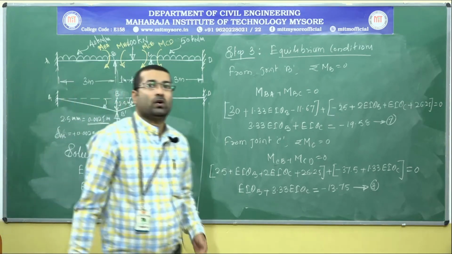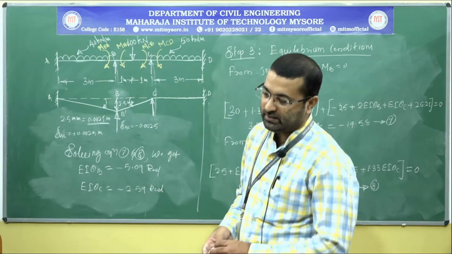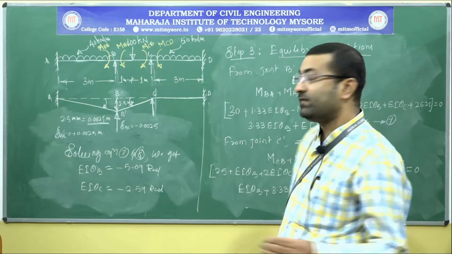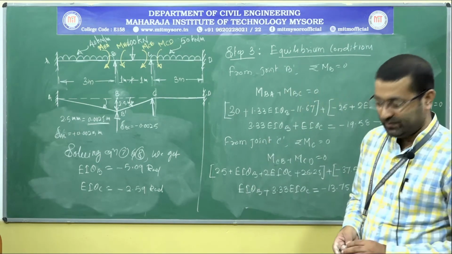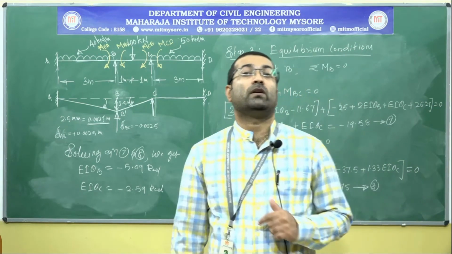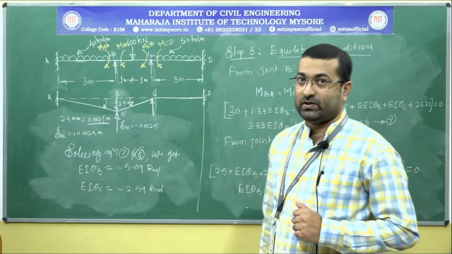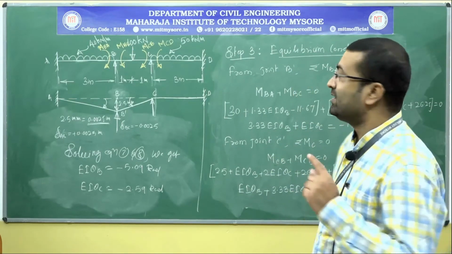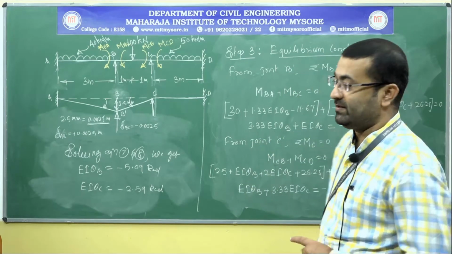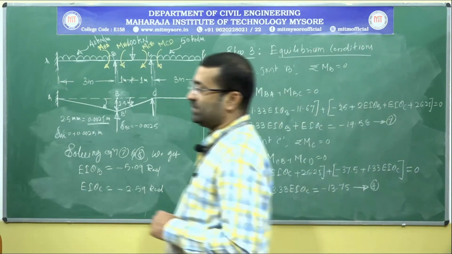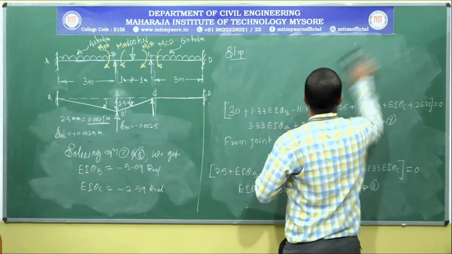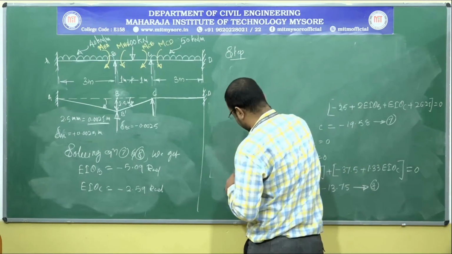So these are the rotation at B and the rotation at C. Now we have to make use of these two rotation values, EI theta B and EI theta C, and the slope deflection equations which we have written in step number 2 to determine the final end moments, that is step number 4. So here let me calculate the final end moments.